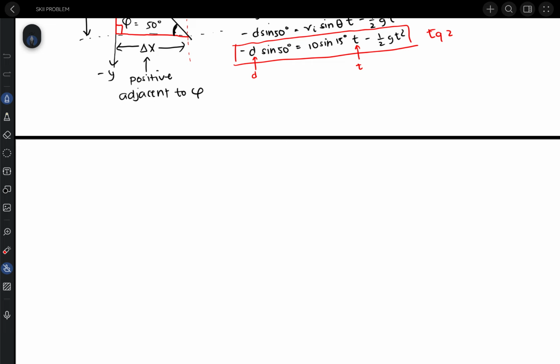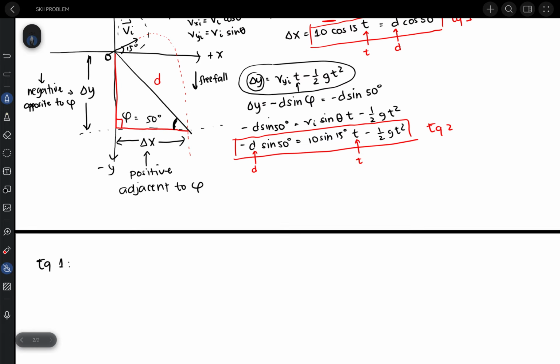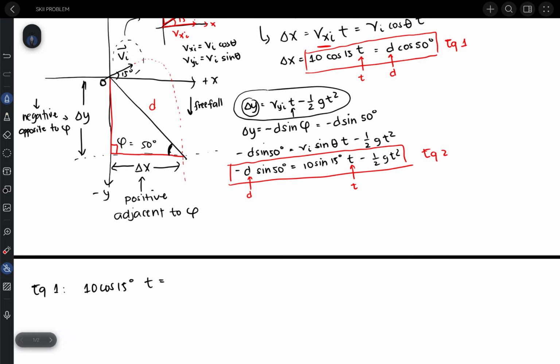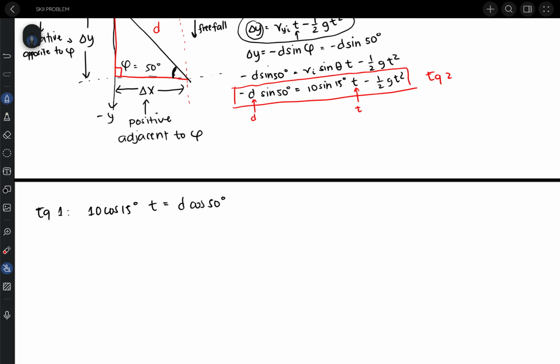And we'll have, for equation 1, it's 10 cosine of 15 degrees times t is equal to d cosine of 50 degrees. So solving for the t first, t will give us cosine of 50 degrees over 10 cosine of 15 degrees times d.